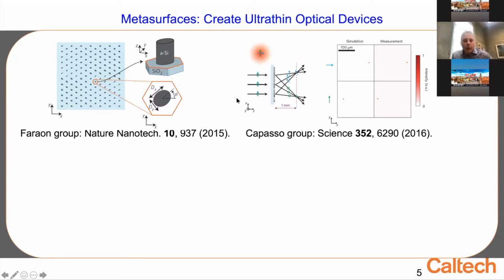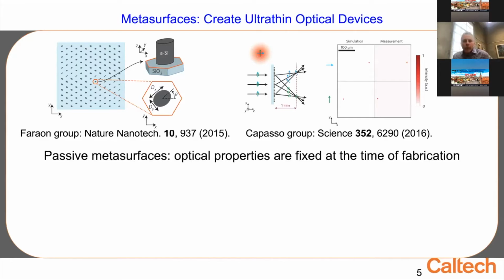So, for example, this shows a concept that was introduced in a similar time frame by the group of Andrea Faraon, my colleague here at Caltech, and Federico Capasso, in which polarization sensitive antennas or metasurface elements were combined in a phase gradient array to allow for polarization as a mode of separating beams and focusing them separately at different focal lengths, for example, where rotation of the incident polarization allows the focal length to be adjusted.